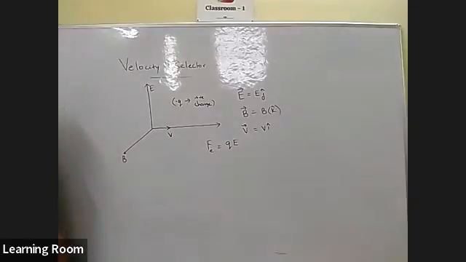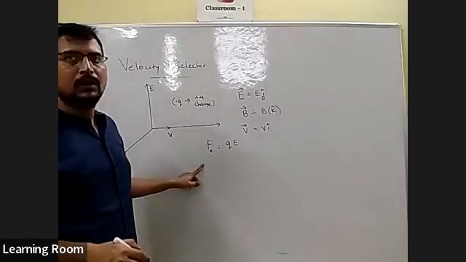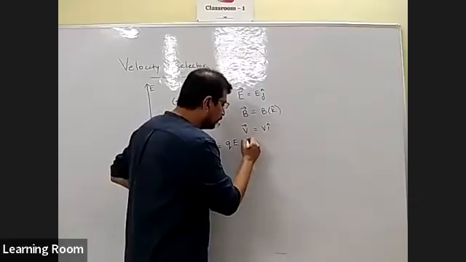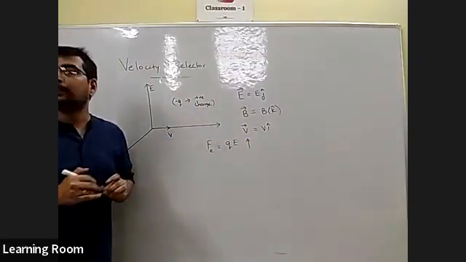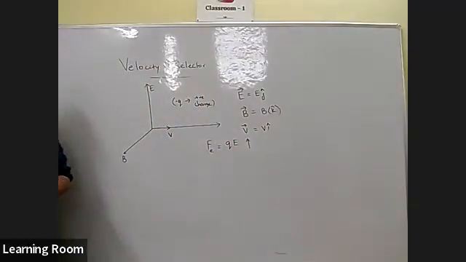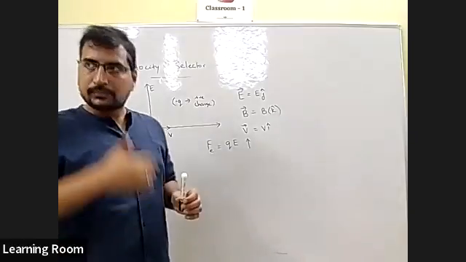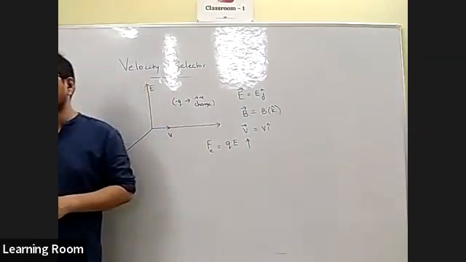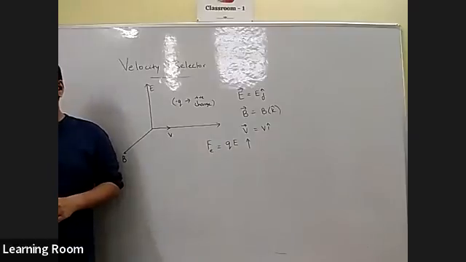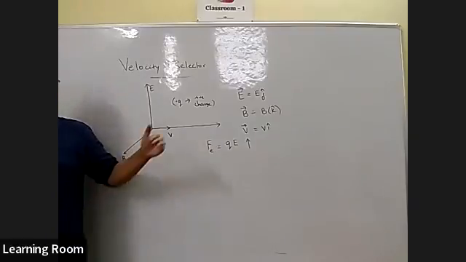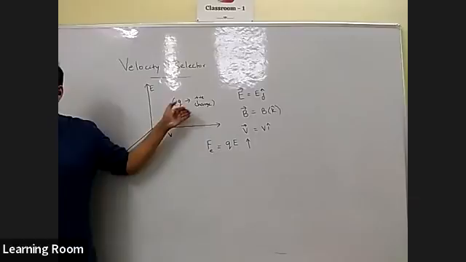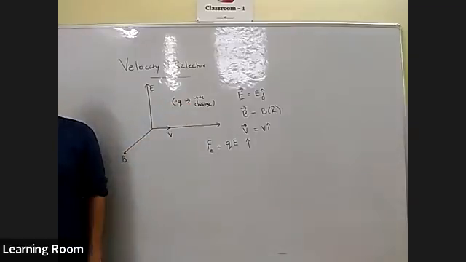It is going to be in the upward direction. So this is the direction in which it experiences the force. When you have a charged particle, in whichever direction you project it, or even if you keep it at rest in the presence of an electric field, it always experiences a force in the direction of the electric field.